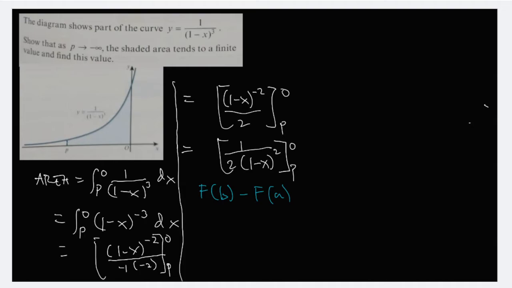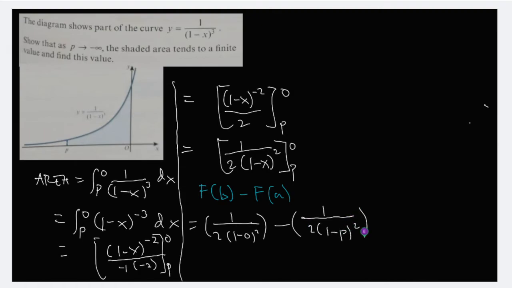If we substitute 0, that becomes 1 all over 2 times 1 minus 0 squared, minus 1 all over 2 times 1 minus p squared.